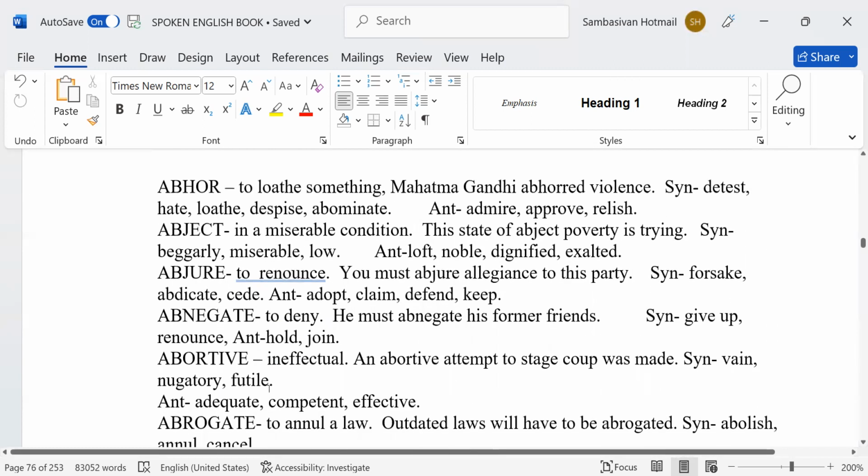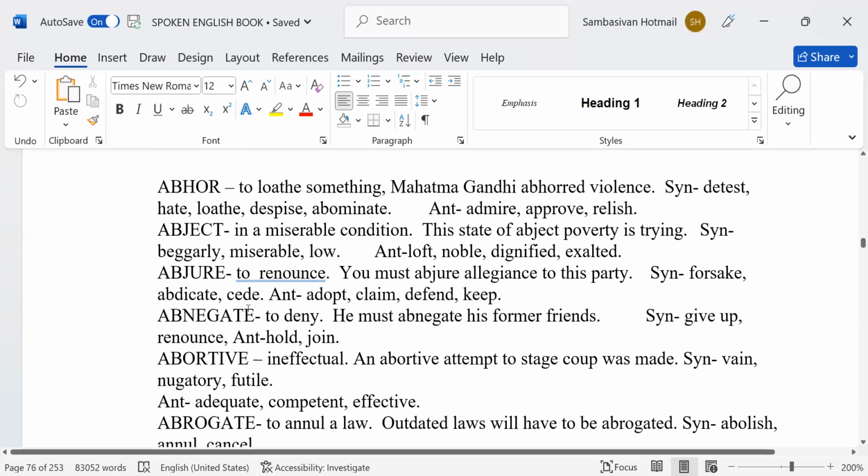Abject: in a miserable condition. This state of abject poverty is trying. Synonyms: beggarly, miserable, low. Antonyms: noble, dignified, exalted.